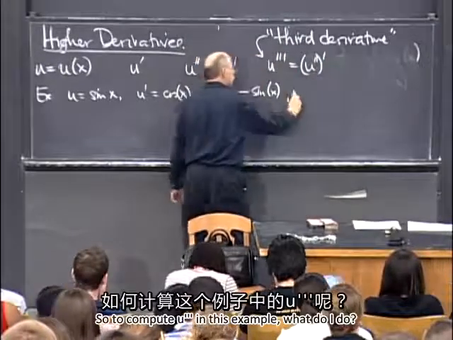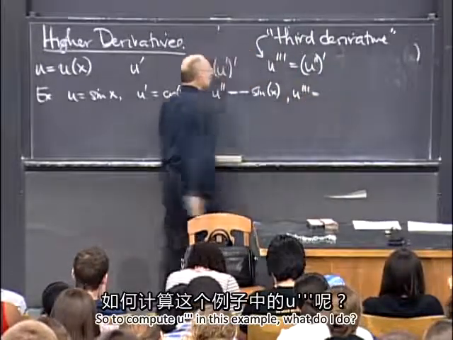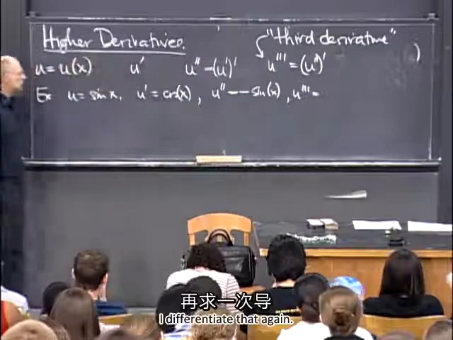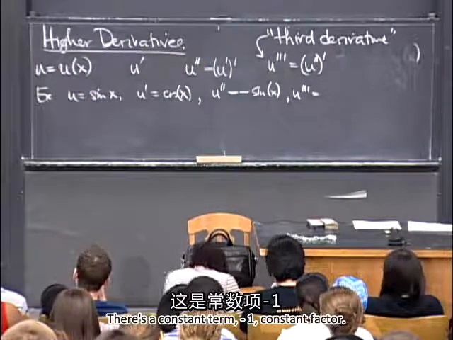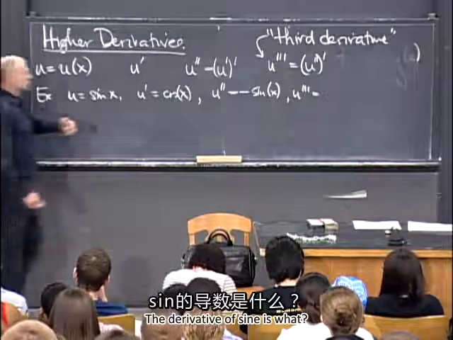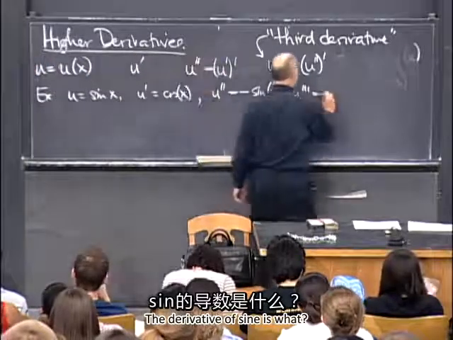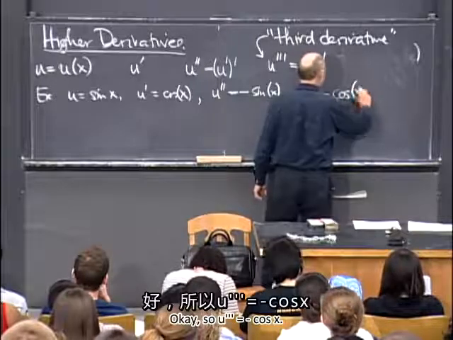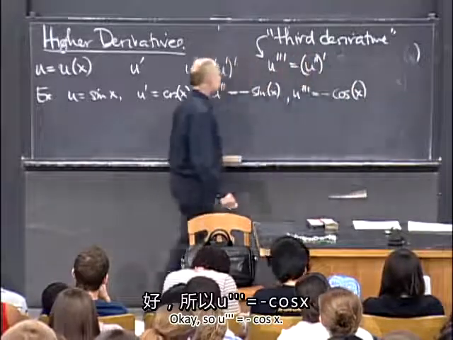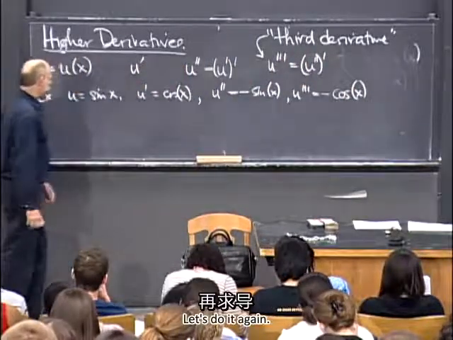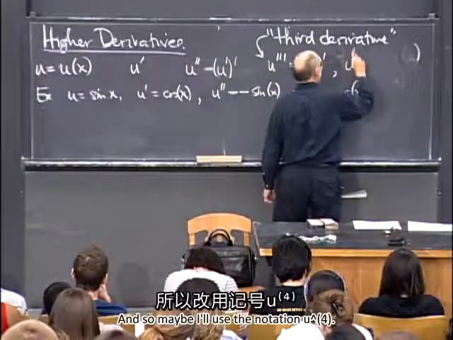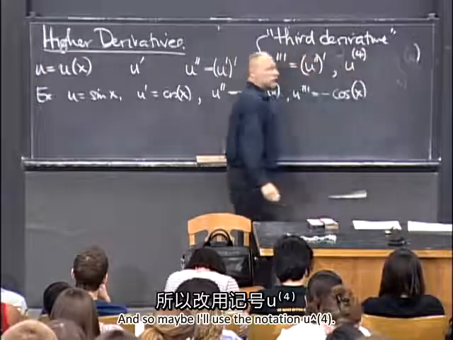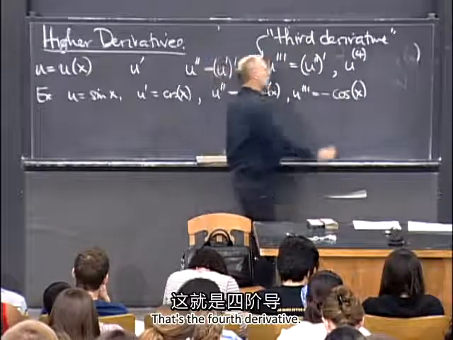And it's u prime prime differentiated again. So to compute u prime prime prime in this example, what do I do? I differentiate that again. There's a constant factor, minus 1, that comes out. The derivative of sine is what? Okay, so u prime prime prime is minus the cosine of x. Let's do it again. Now, after a while, you get tired of writing these things, and so maybe I'll use the notation u upper 4. That's the fourth derivative.